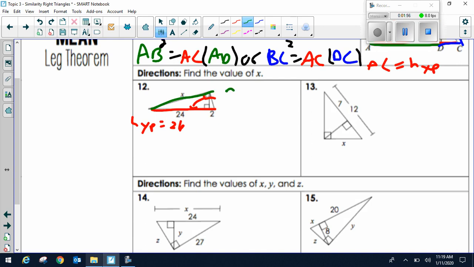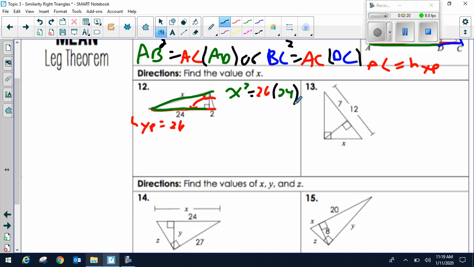That is going to be the leg that you're going to use. So there's my x squared. And remember, it's equal to the hypotenuse, which is 26, times the small leg that green line is touching. So if I look here, the leg that's touching it is right there at 24. So we're going to use that 24.